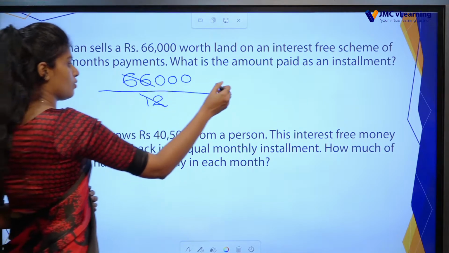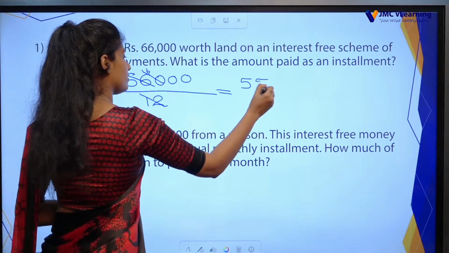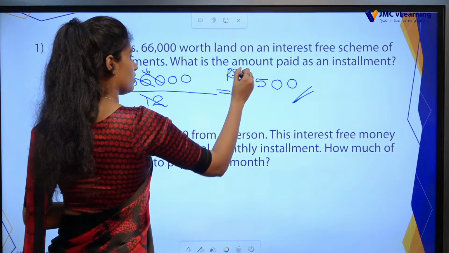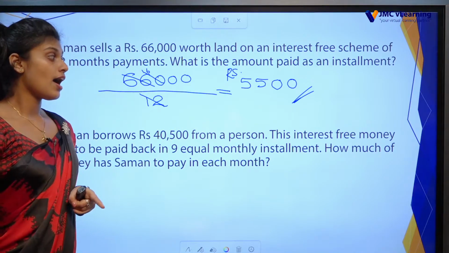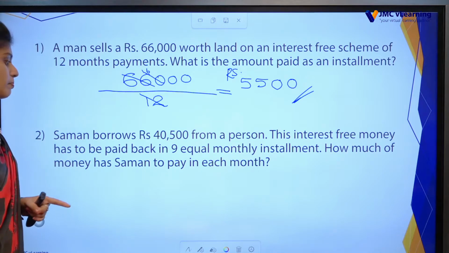Here 5, 6 left, then again 65. Monthly you have to pay 5,500 rupees.